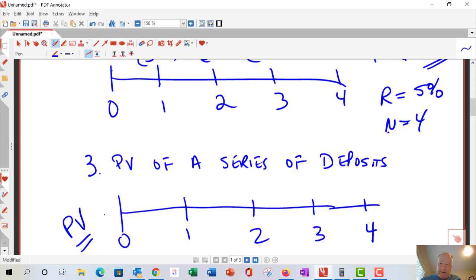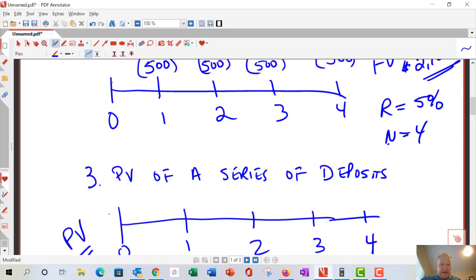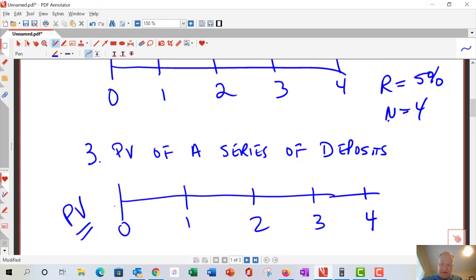All right, so let's look at this and see what that's worth today. So in this case, again, a series of deposits, but what's that going to be worth today? Okay, so we have a present value of a series of deposits. So in other words, how much would I have to put away today to be able to take out this money at the end of the next year for the coming 4 years, right?